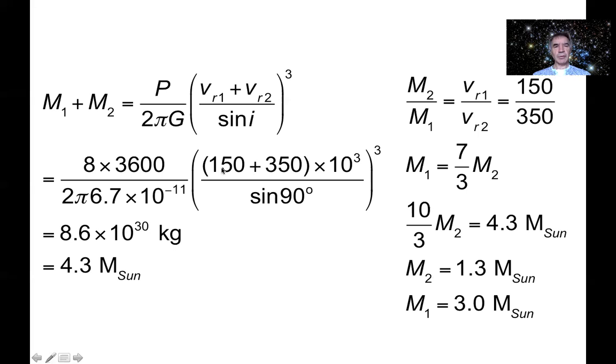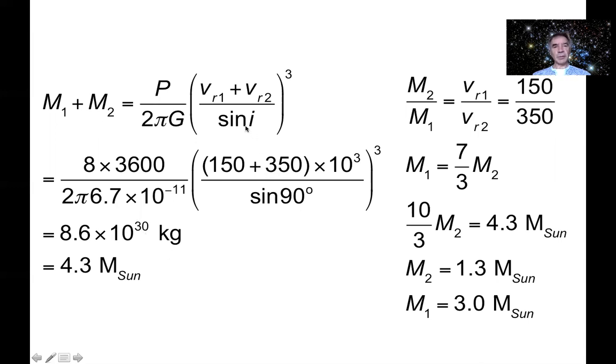Don't forget that I gave you those in kilometers per second, which is the typical unit that's measured for radial velocities in astronomy, and so that needs to be converted to meters per second, as in here. Put everything in, and as I said, assume the inclination angle is 90 degrees, so that term just goes to 1. And we get 4.3 solar masses as the sum of the masses.